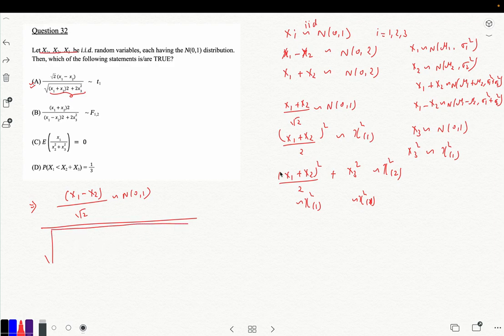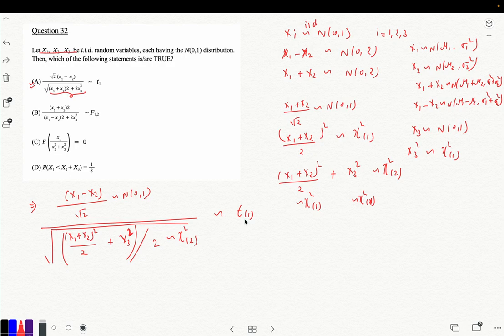What is chi square? Chi square is x1 plus x2's whole square divided by 2 plus x3's whole square divided by 2, this whole portion divided by 2. And this is following chi square 2, and this whole function would follow t with 1 degree of freedom.